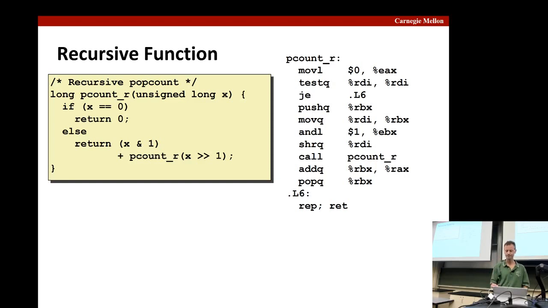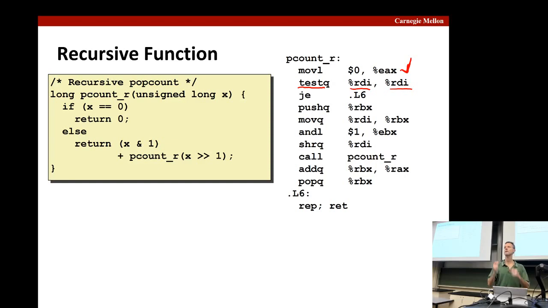Okay. So this is what the code ends up looking like. All right, so we start off by saying, well, if we're going to return out of this thing, we're going to want a 0 to return, so let's go ahead and do that. And now we're going to do this test. And so again, we do the test instruction, which, do you remember what that does?